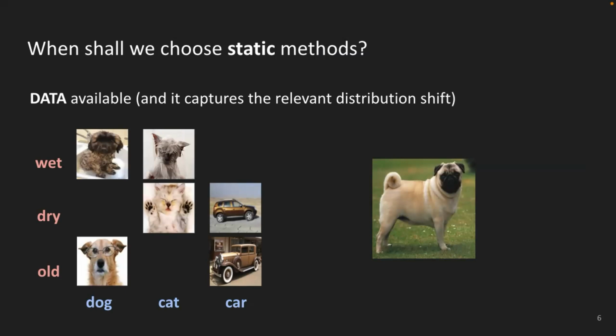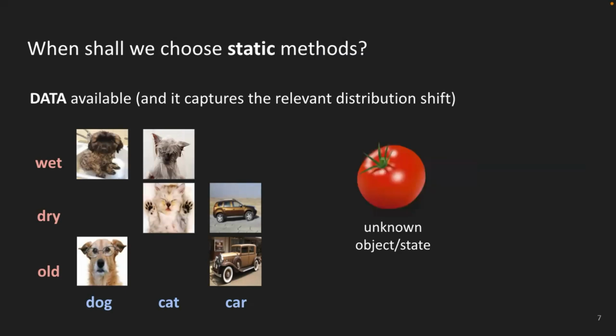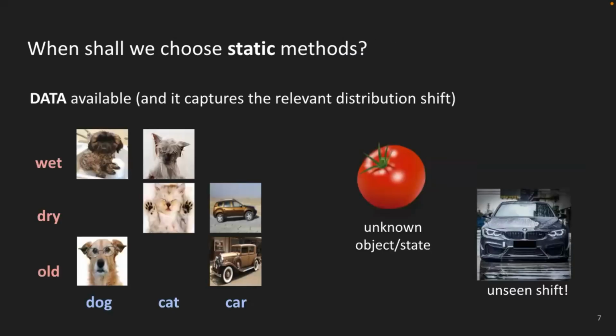But maybe you have to take into account that you may have unknown objects and states at this time, or even unseen shifts completely, because we didn't see any objects getting wet. And in this case, applying a static method may not really work, because whatever you prepared during training doesn't generalize at this time, just because the priors are different.